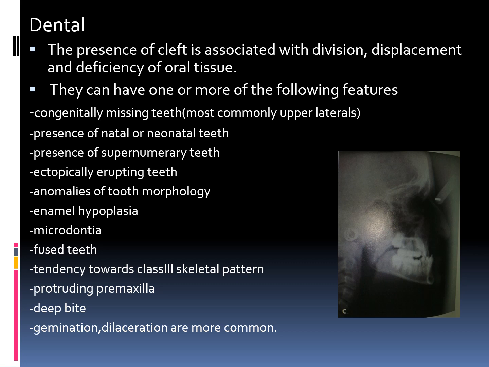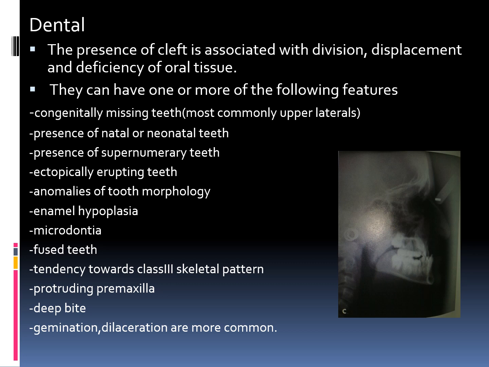So it is dependent upon how the cleft has divided, how much it has displaced, where the deficiency is, and how much it is deficient. You can see congenitally missing teeth, which is the most common finding in a patient with cleft lip and palate. Then you see natal and neonatal teeth, supernumerary teeth, and a lot of ectopically erupting teeth.